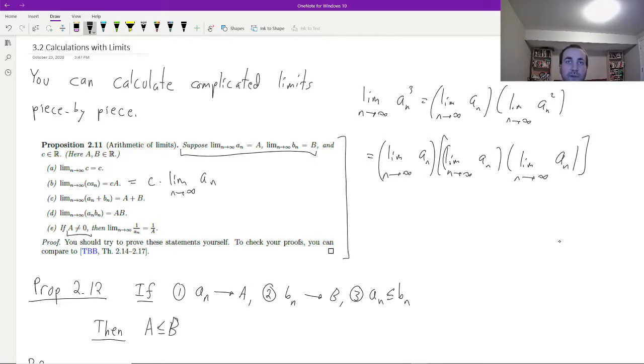That is, we're just going to keep on using the part D rule, the one that lets us break apart products, and we get exactly the thing that we expect, which is that the limit of the cube is equal to the cube of the limit.